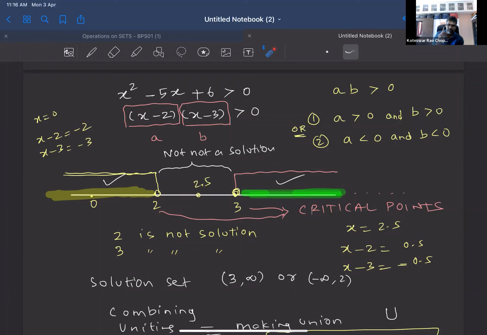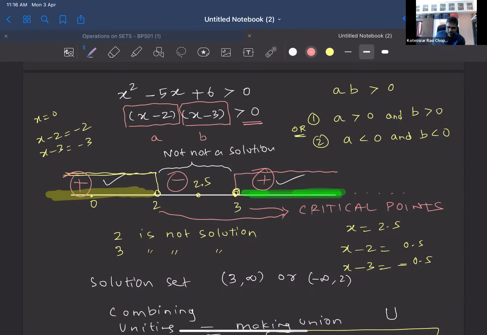If it is 1, you can safely say that once you get the rightmost critical value, for any value after that, the left hand side will be positive. So this will be the positive side, after that it will be negative, and after that it will be positive. Greater than 0 is telling you that you are looking at positive values.